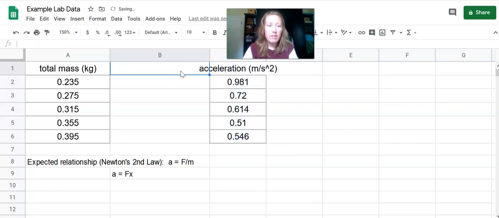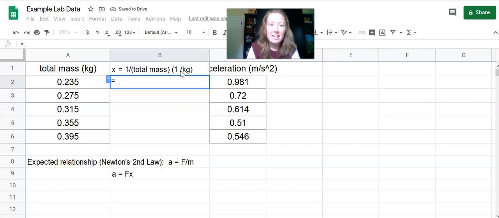So now I'm going to have my x column equals 1 over total mass, okay? And the units for that are 1 over kg, which is a strange unit, but that's okay. And then again, I can have the spreadsheet calculate that for me, 1 over that column.